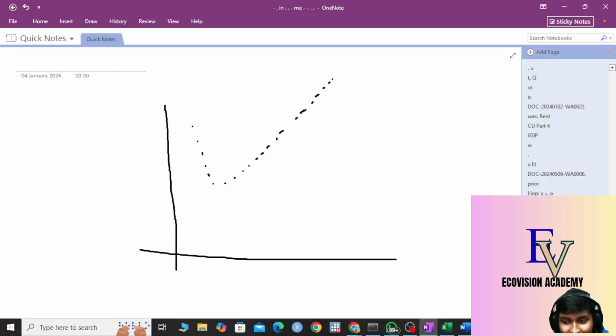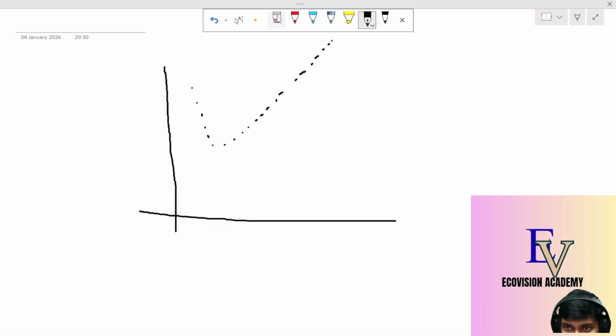Do you know that the value of slope is basically responsible for the diagram? If the value of slope is very high, should it be flatter or steeper? Steeper. And if the value of slope is low, then it is flatter. I will just draw it for you guys.